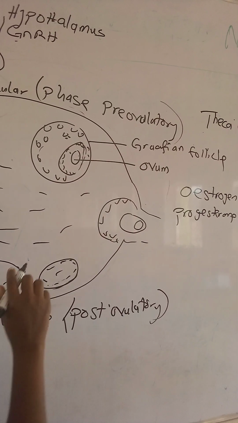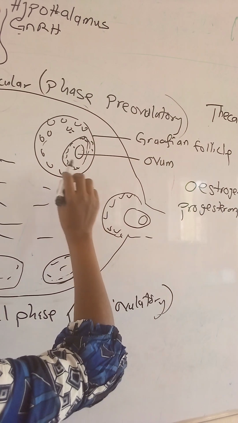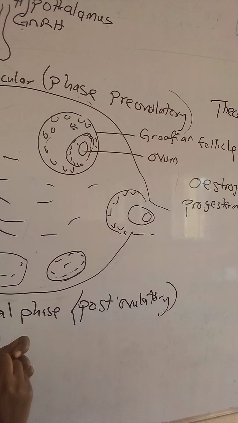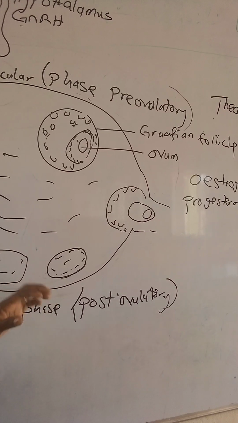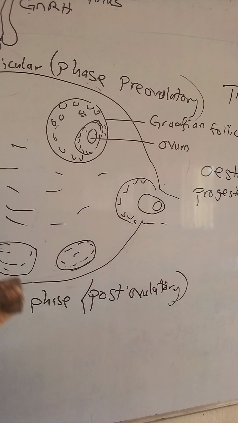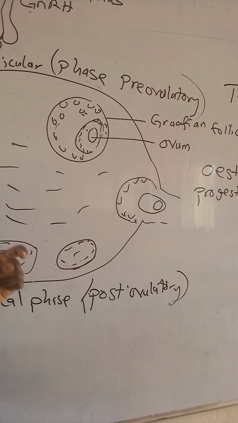Okay, now these hormones are produced in a pulsatile motion, just like in a drop, they begin to drop in a pulsatile way.